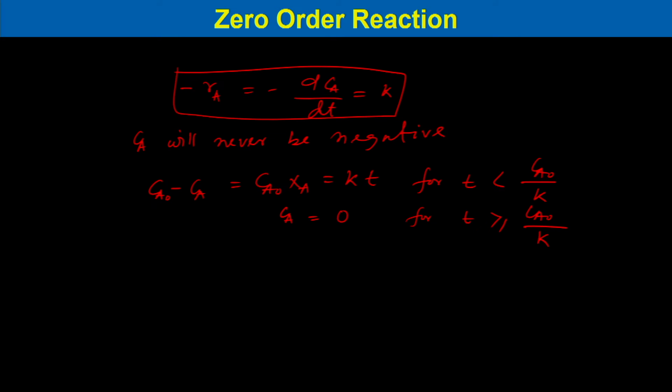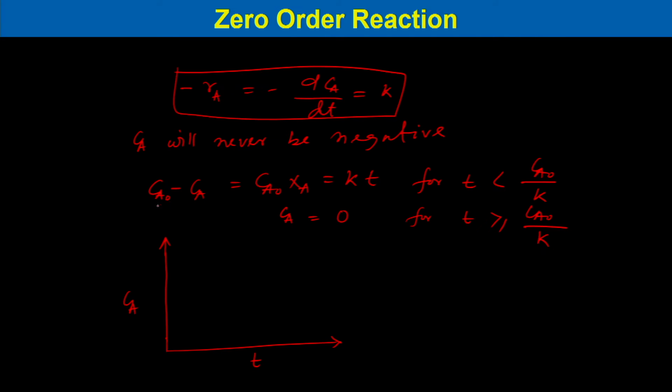Now, if we plot concentration versus time, this is C_A and this is t.